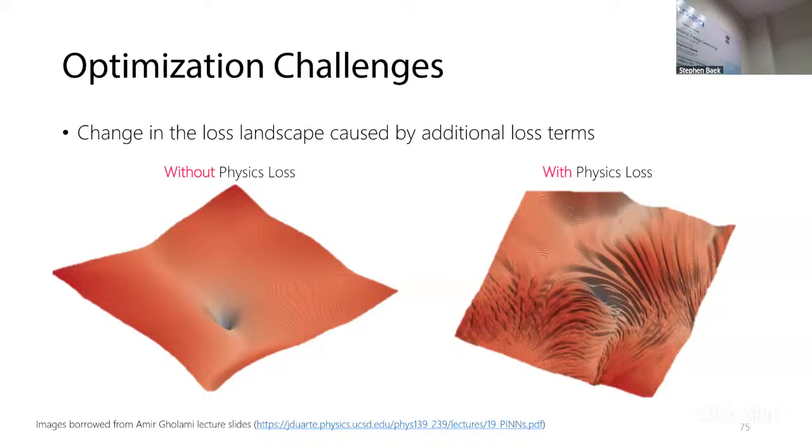Initially we had this nice plateau, and then in the middle there was a hole. So from the perspective of getting to the bottom of this hole, you start from somewhere on this plateau, wander around following the gradient direction, and the moment you get nearby the hole, you just converge to the global optima.